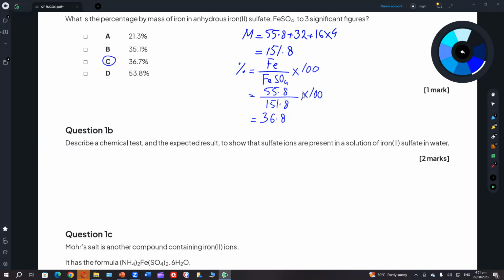Hold on, he's talking about iron 2 sulfate. Yeah, sorry, it was barium chloride that you had, and it gives a white precipitate. Very good memory, but how should I write the answer?